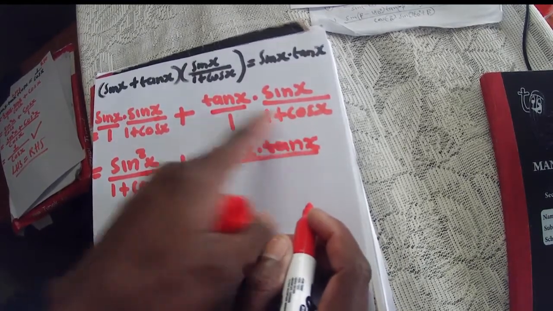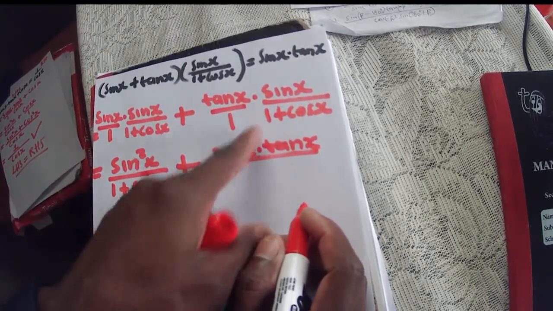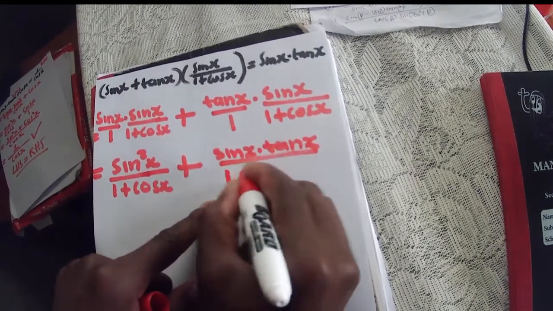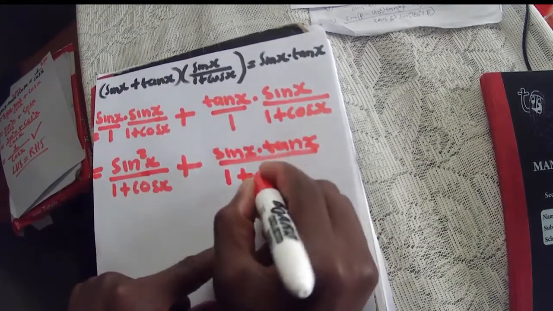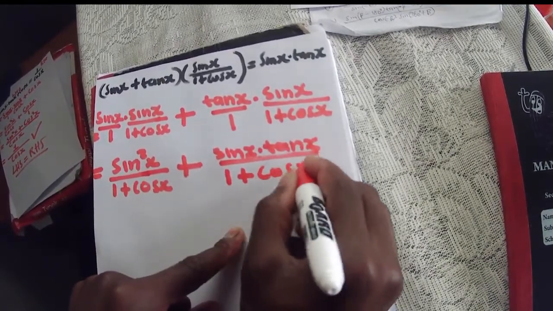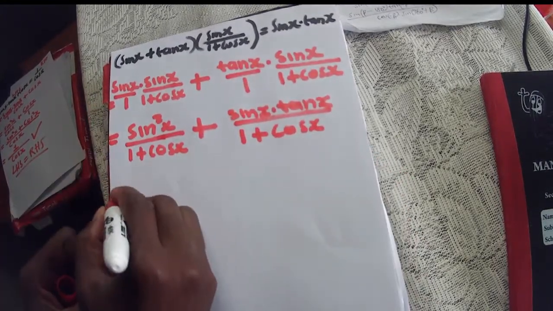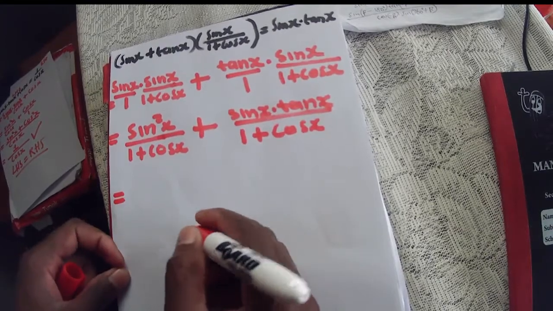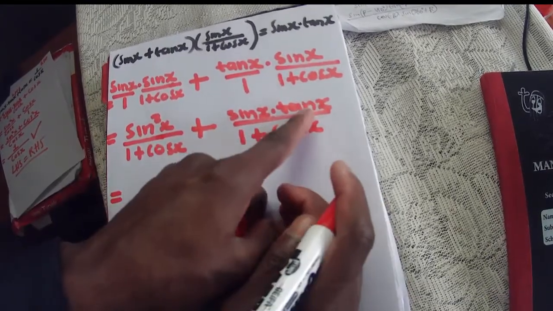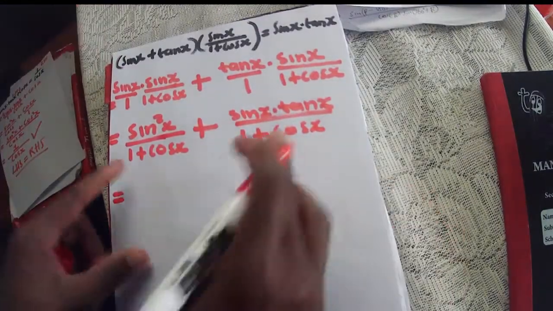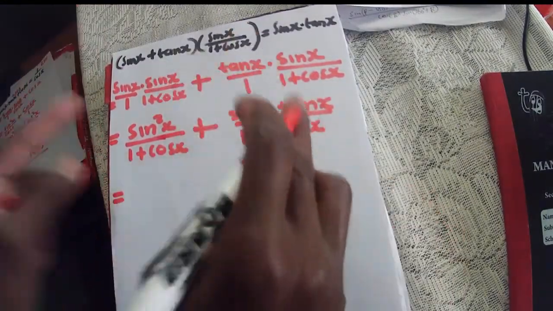This is the same as what we did here. So 1 times 1 is 1, plus 1 times cos of x is cos of x. Now remember, I know that tan of x is the same as sine x over cos x, but I'm not going to go there. I'm going to deal with this fraction.